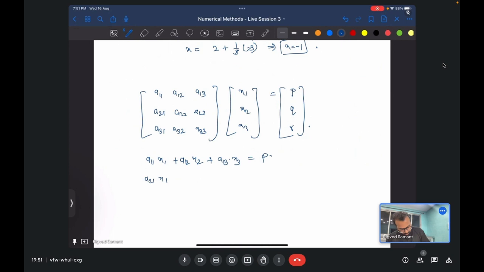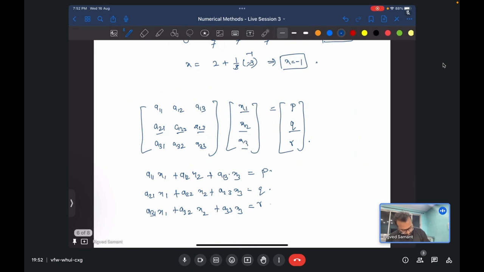Then a21 into x1, plus a22 into x2, plus a23 into x3 will be equal to q. Then a31 into x1, a32 into x2 and a33 into x3 is equal to r. So these are the equations.